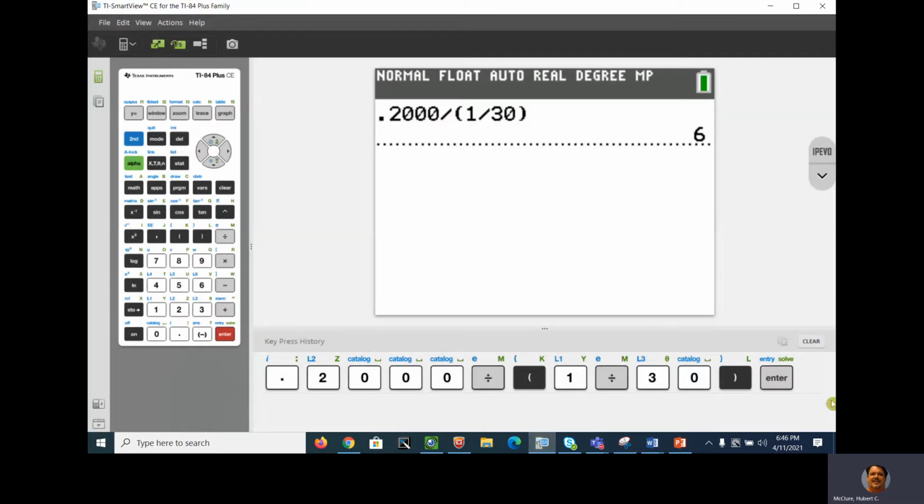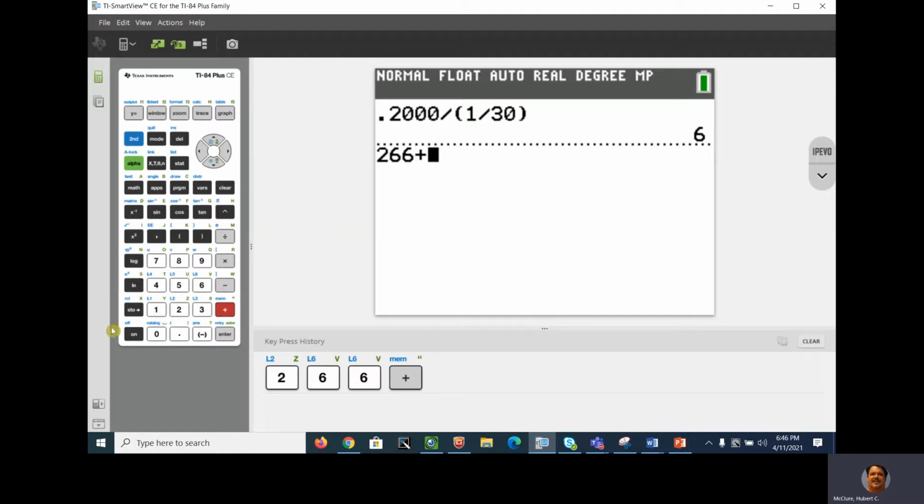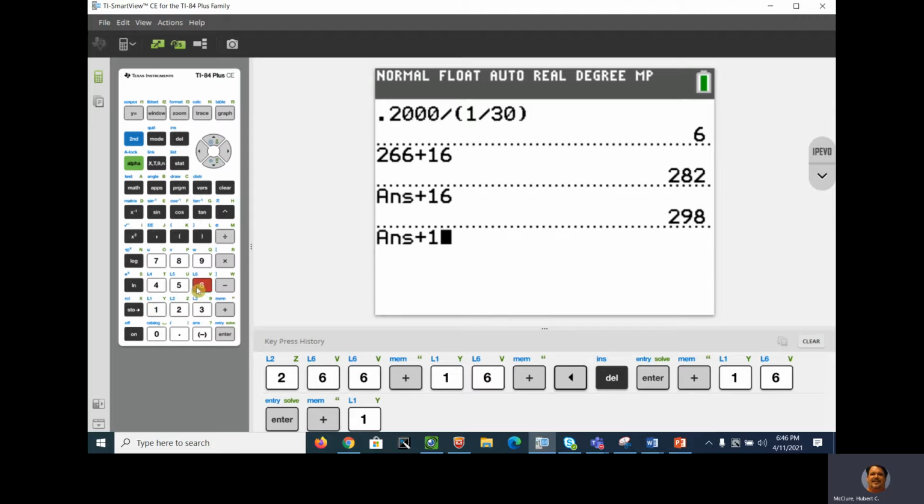And 266 plus 16, plus 16, plus 16. So the 3 on the right is equal to 282. So 266 in the middle, 282, 298, and 314.